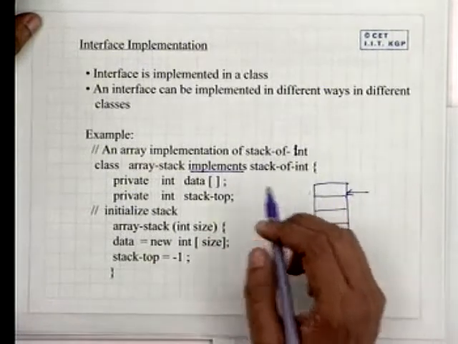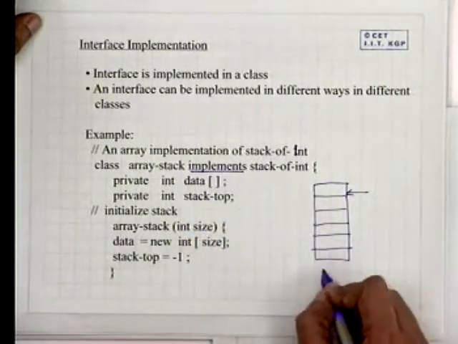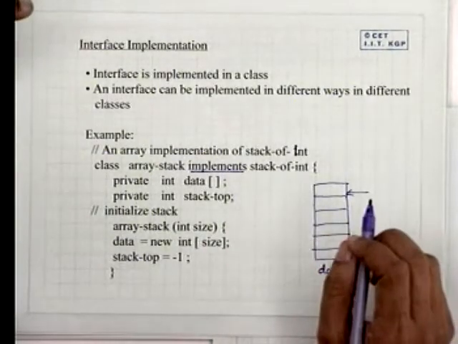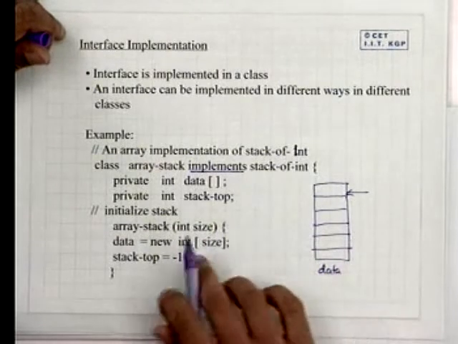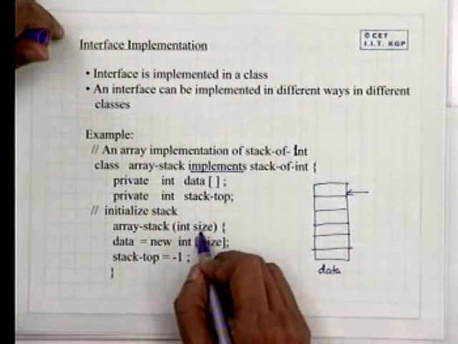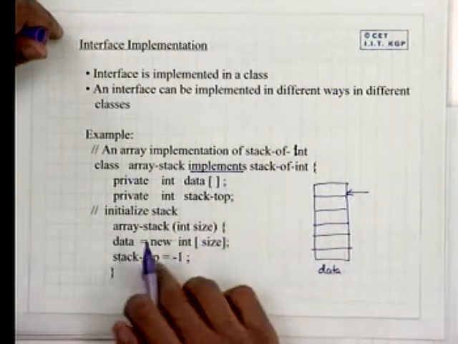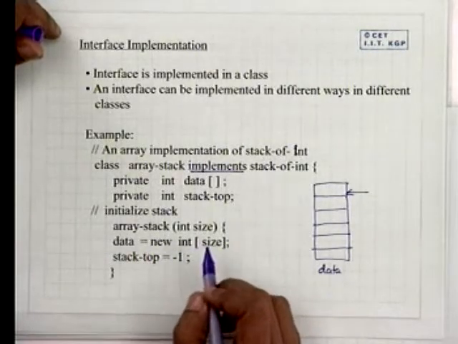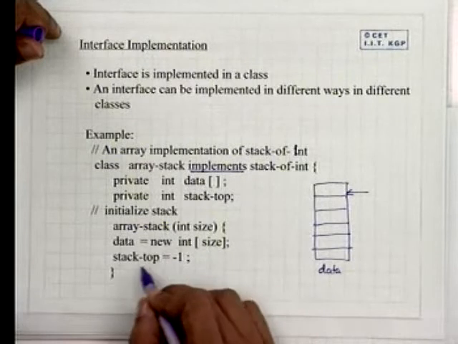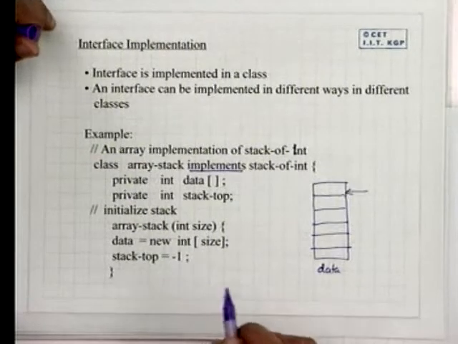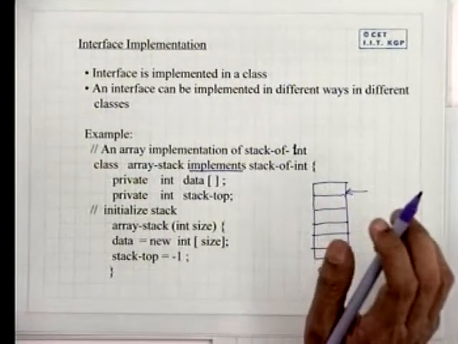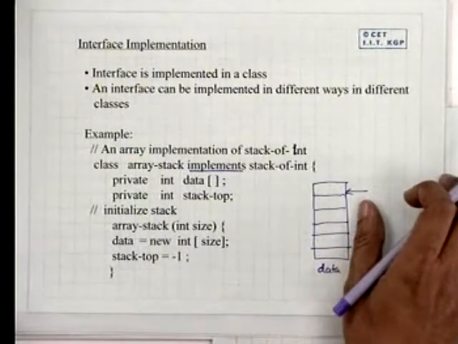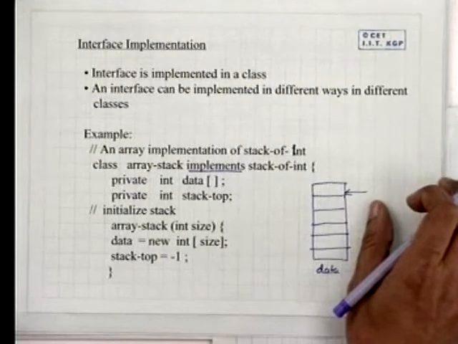Let's say we have a fixed array, so we can create a stack of fixed size. The size is the input, and we create an array of the given size, and we put stack top equal to -1, indicating that at the moment there is nothing in the stack. So stack top -1 indicates an empty stack.